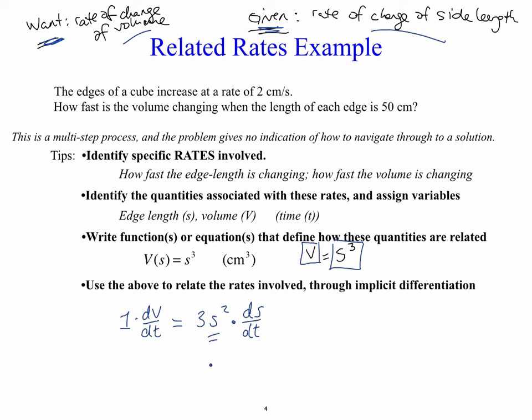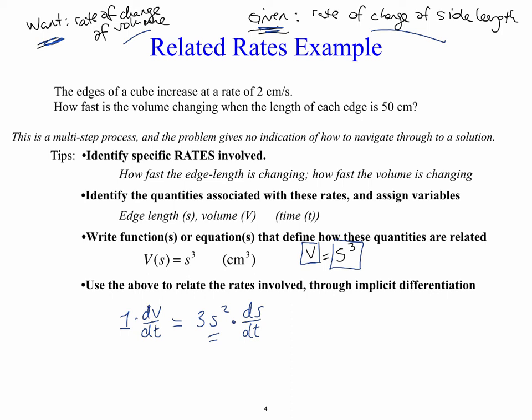That's okay. What we have right there is telling me that for every little change in time, we're going to have that many changes in side length involved. So a little bit of change in time is going to cause a little bit of change in side length.